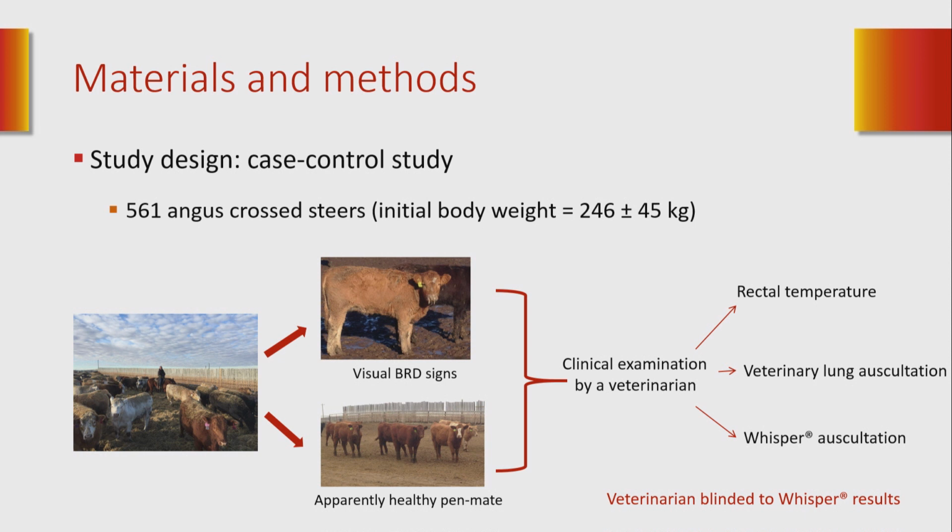Both sick and healthy animals were clinically examined by a veterinarian, and this clinical examination comprised rectal temperature measurement, veterinary lung auscultation, and the Whisper auscultation. It is to note that we always performed the Whisper auscultation after the veterinary auscultation to avoid any bias.